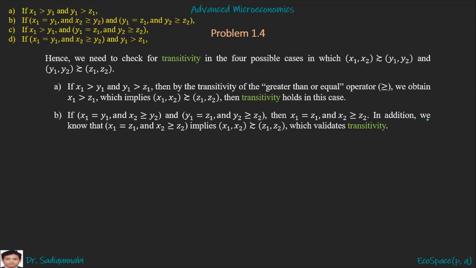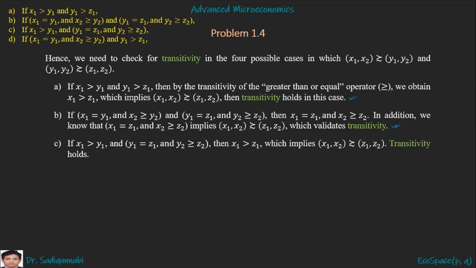So this implies that X is preferred to Z. So here also transitivity validates. In the first case, transitivity holds. In the second case, transitivity validates. Let's see the third case.